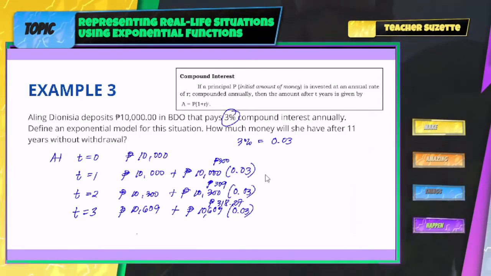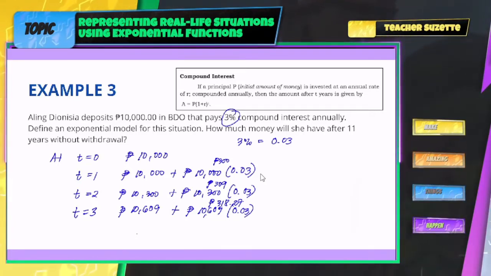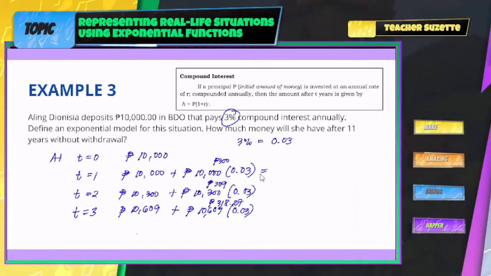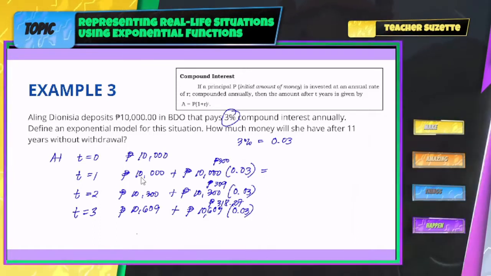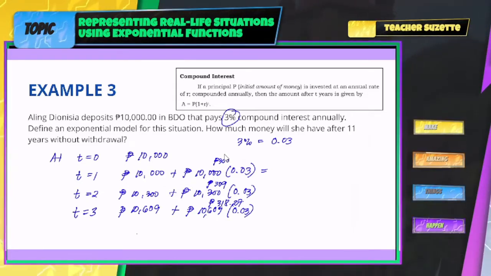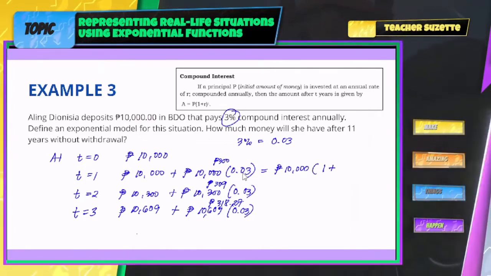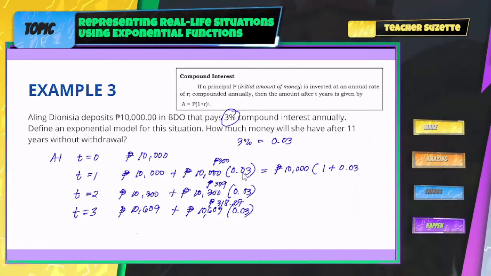So, mapapansin natin dito sa ating mga kinumpute kanina na pwede pala nating i-simplify pa ito. So, wherein, saan halimbawa dito sa t is equal to 1 natin, you have 10,000, 10,000. Pwede nating i-factor out itong 10,000. Then, you will have 10,000 times 1 plus. Matitira na lang natin dito is yung ating rate na 0.03.